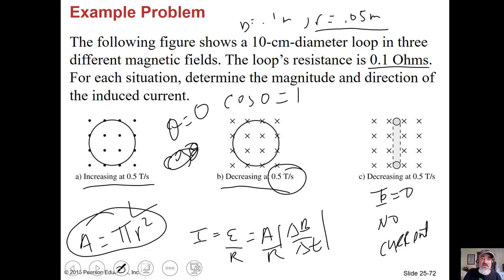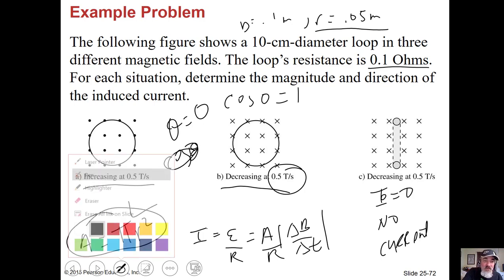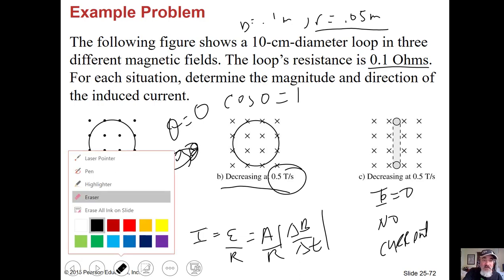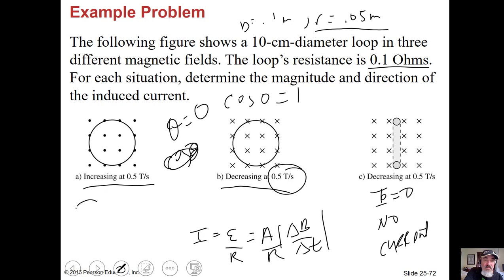I need to clear up a little space here. Go back to this. This one's increasing. I'm just showing it increasing, going from 4 to 8. Nature likes to be like this. We're going to have to kill off that increase, right?